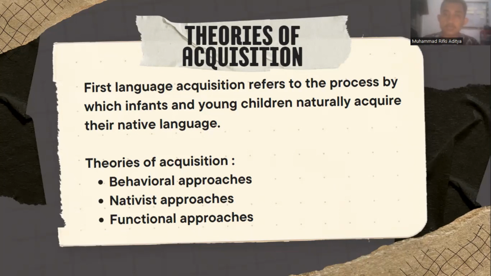And the next approach is the nativist approach. Propounded by Noam Chomsky, this theory argues that humans are born with an innate ability to learn language.